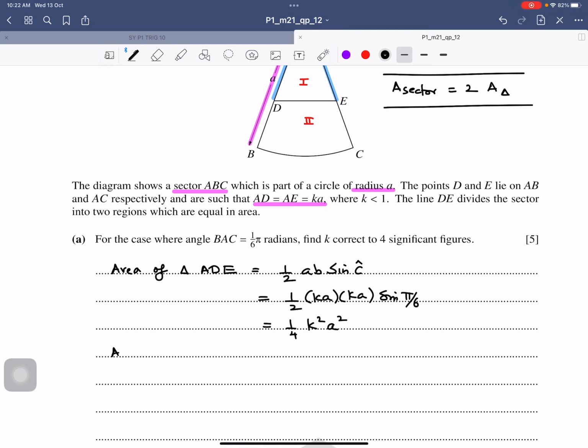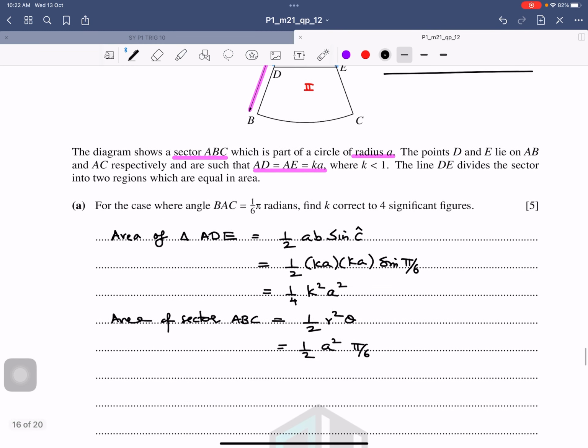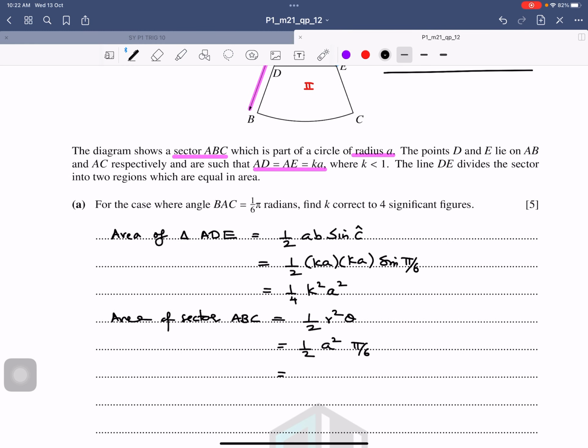Similarly, area of sector, the name is ABC, that is half r squared theta, that is half A squared, and theta is pi by 6. So this can be written as 1/12 A squared pi.